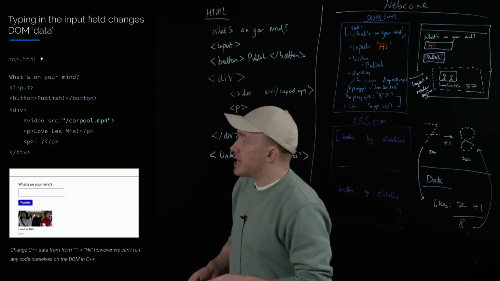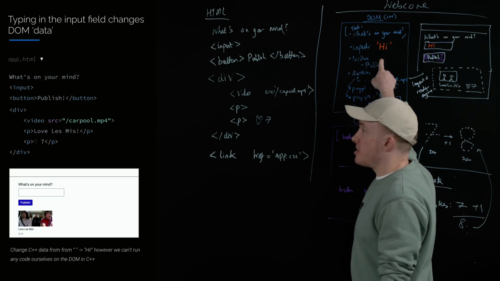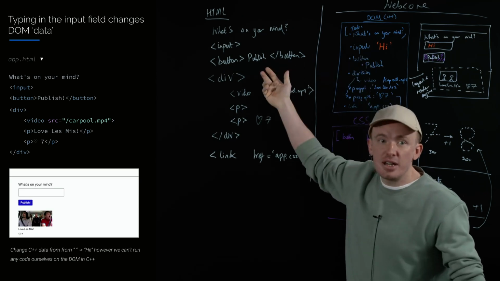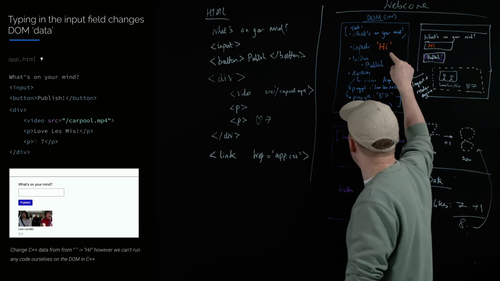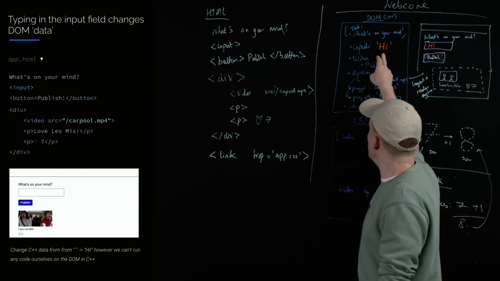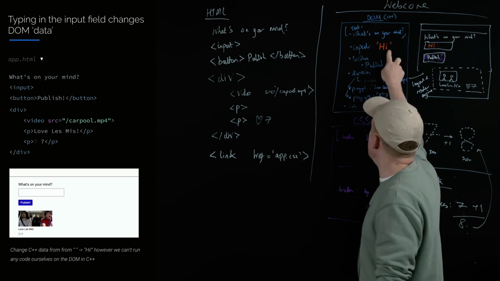So we can affect our data, change it, basically go from an empty string to a full string by typing, by the user taking action. However, we cannot run any code in C++ on that data. So it's as good as stuck. Well done, we put it in the input, but I can't then display it somewhere else. I can't add an exclamation mark to it.